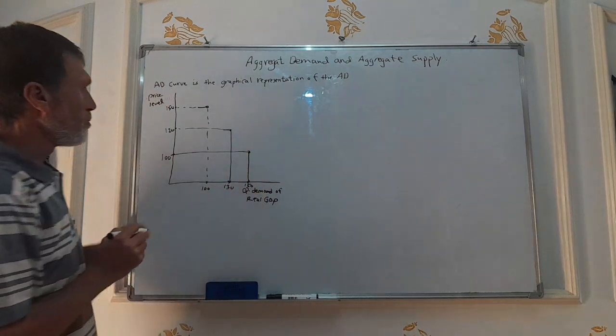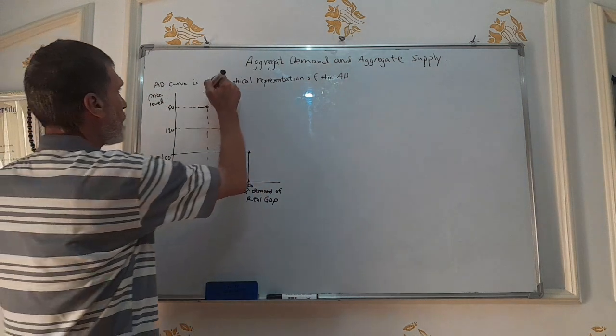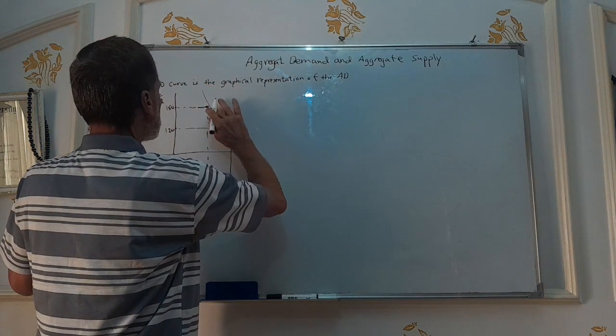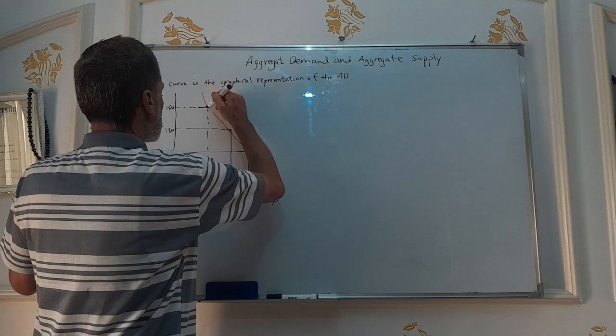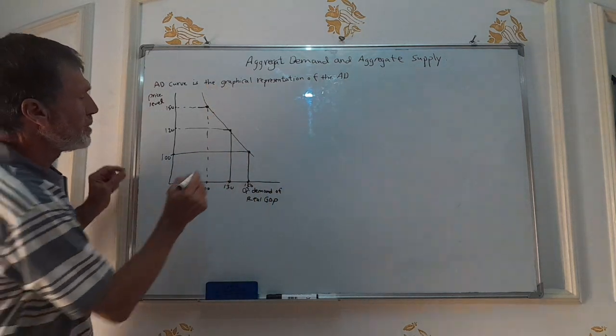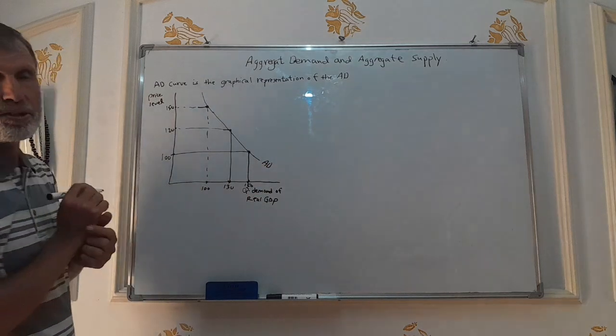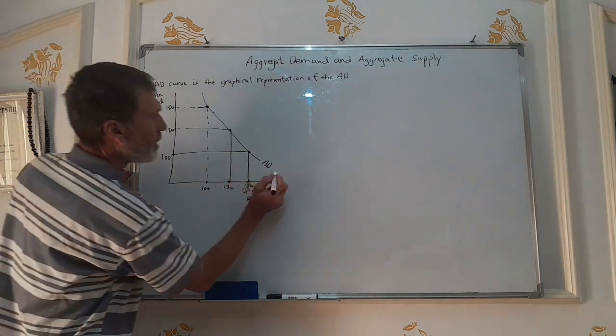So when we connect all these, we come up with, of course, a downward sloping aggregate demand curve.